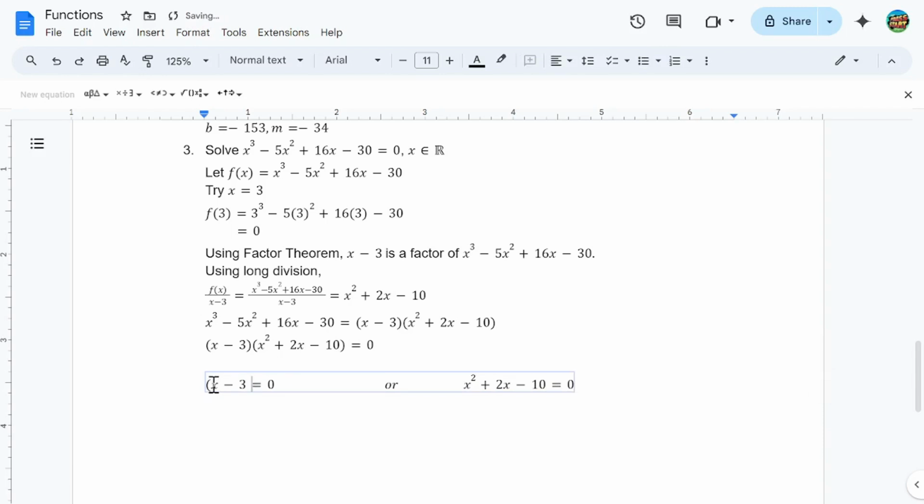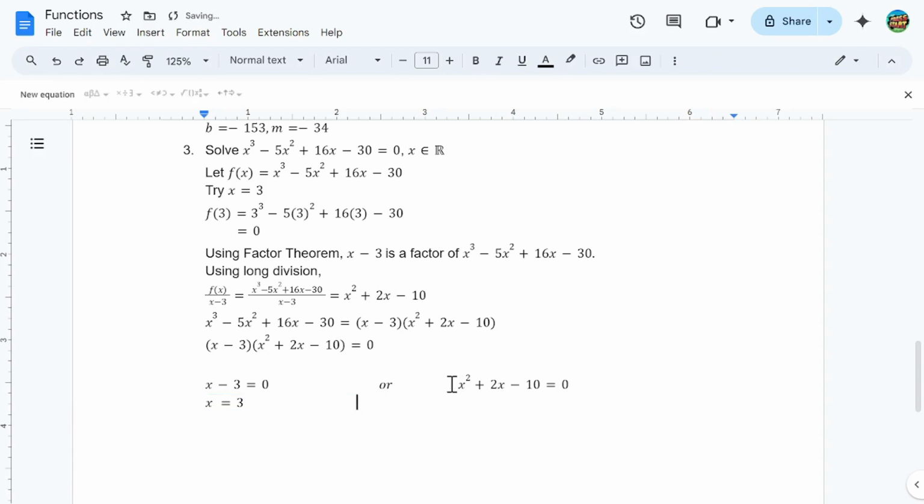So we do not need the brackets on this one. So if we solve x minus 3 equals 0, you'll find that you get x equals 3. You may be asking me, when we already tried x equals 3, why do we need to show this working again? This is because teachers will mark based on your working and not primarily based on your answer. Because the answer is only 1 mark, while the working is 4 to 5 marks. So x equals 3.